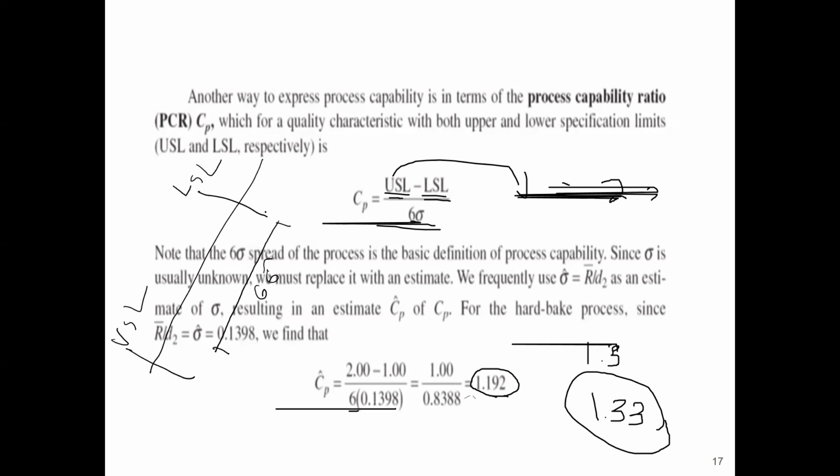Because we are using 1.33 for capability. If the CP is below 1.33, we say the process is not capable. But if it is above, the process is capable. Here 1.192 is less than 1.33, so the process is not capable.